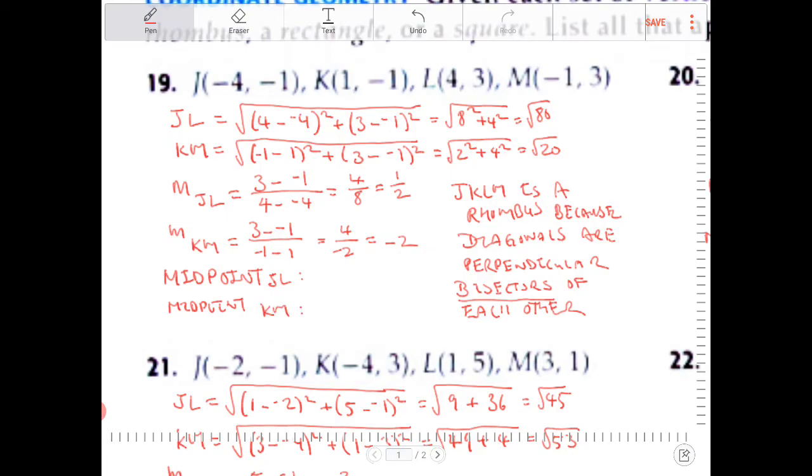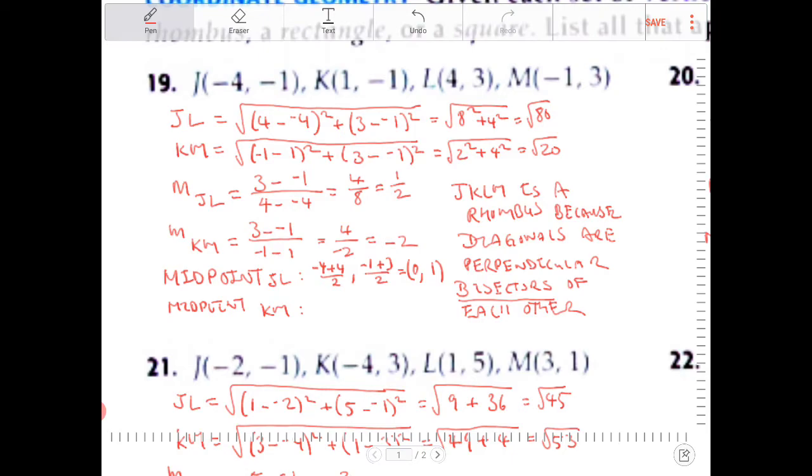Shame on me. Okay. So the midpoint of JL is going to be negative 4 plus 4 over 2, negative 1 plus 3 over 2. So that's 0, comma 1. That's a midpoint. Let's see if that's the same for KM.